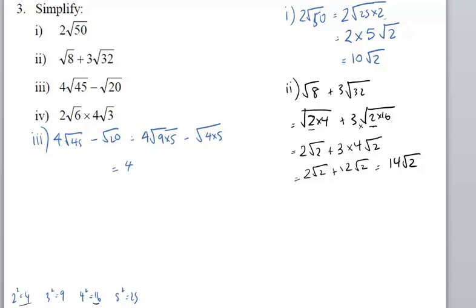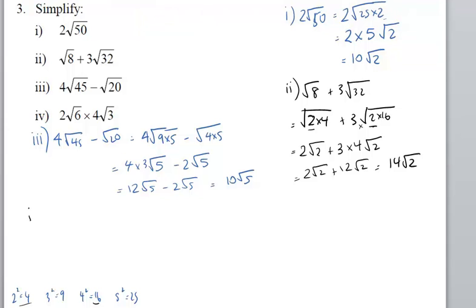So here we've got 4, square root of 9 is 3, so we multiply by 3, and we have square root of 5 left. Square root of 4 gives us 2, and we have this square root of 5 left. So again, we have factors of 5. We do our 4 times 3 is 12, square root of 5 minus 2 square root of 5, and we end up here with 10 square root 5 there.